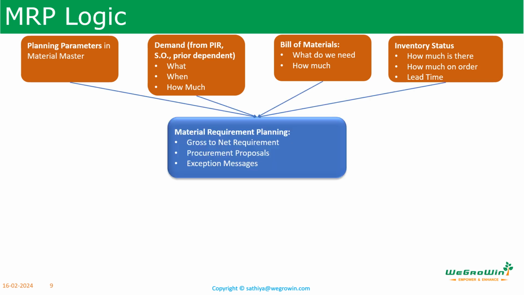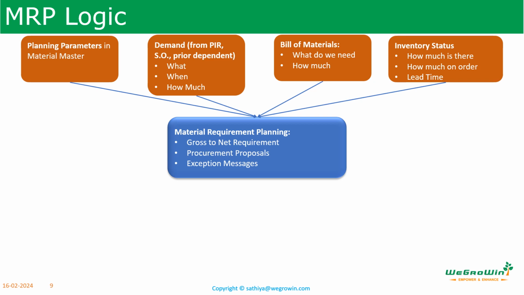Now, based on all these inputs, the demand, the bill of material, inventory status, and the planning parameters in material master, the system will work on the material requirement planning. In material requirement planning, first the gross requirement will be worked out, and then the gross requirement will be converted into net requirement.